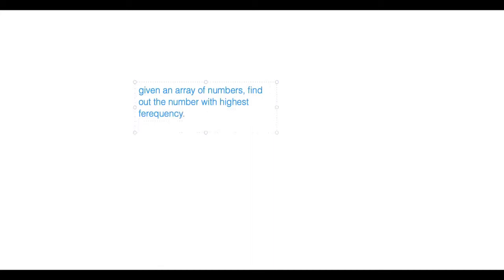What does this mean? For example, we are given 1 2 1 2 1. What will be our output here? One. So how will we compute this one?